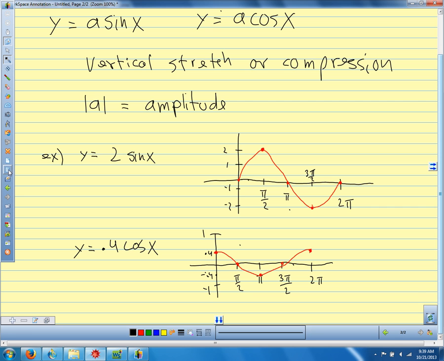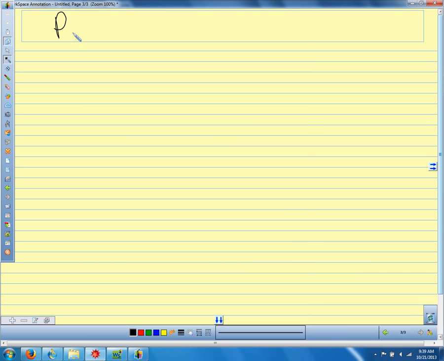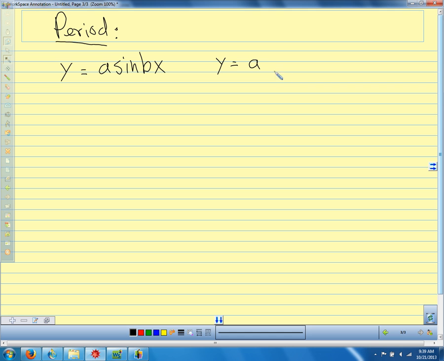Next we're going to talk about the period. So for these we're looking at our functions y equals a sine bx or y equals a cosine bx. So we know what a does to our function, vertical stretch or compression. When we did this graph, what did b do when we had a b in there? Do you remember?